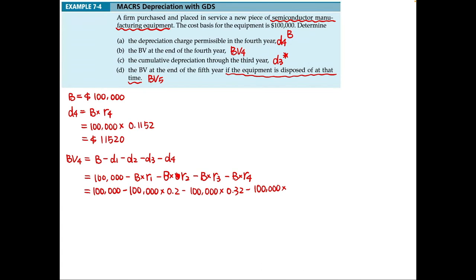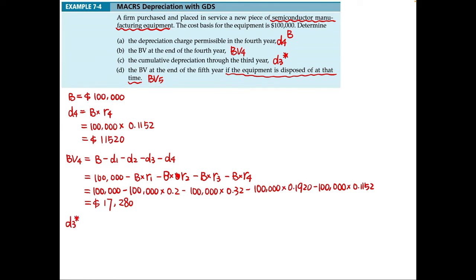Okay. And R4 is 0.1152. Okay, and all of this will give you $17,280.